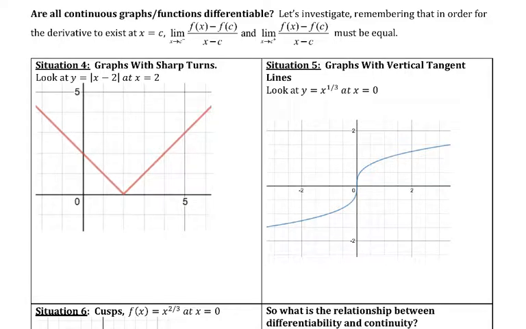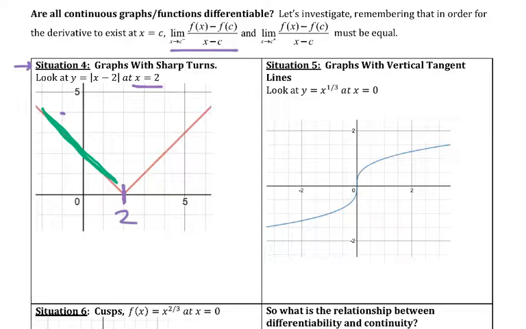So in this situation number 4, we're going to think about the derivative from the left. If we're looking at this left part of the graph, our x value that we're considering is 2. Looking at the derivative on the left, the derivative, remember, is the same thing as the slope.